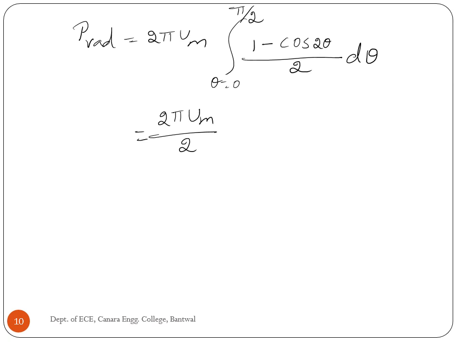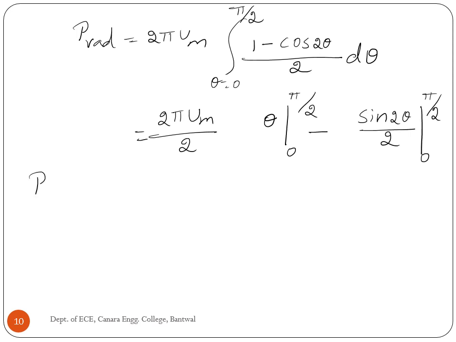So, for integration of 1 it is theta from 0 to pi by 2, minus, integral of cos 2 theta is sin 2 theta divided by 2, from 0 to pi by 2.